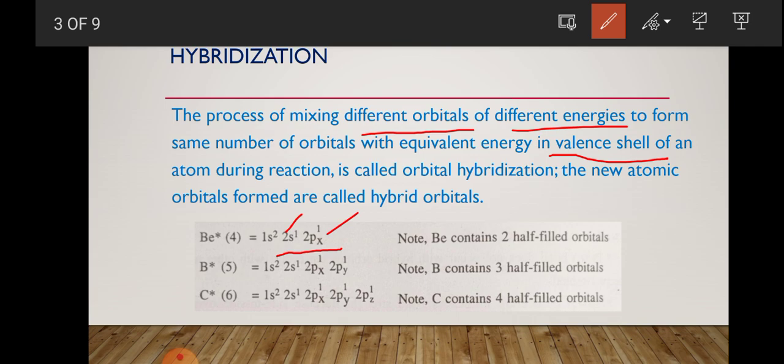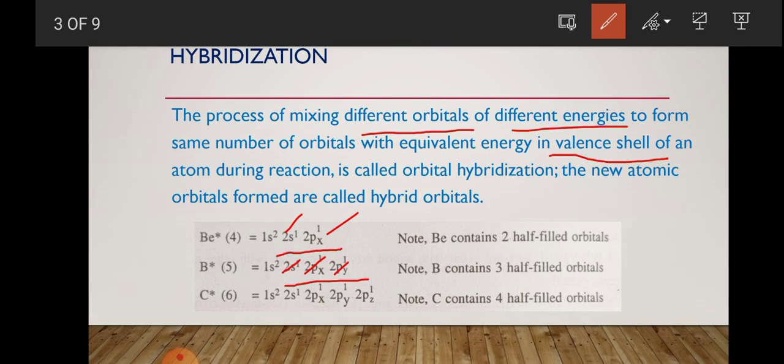And for example, boron, here the valence shell of boron is the second shell, and here one s orbital and two p orbitals, px and py, mixed together. That means here three orbitals mixed together and form three new sp2 orbitals.